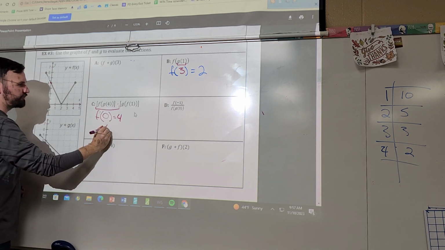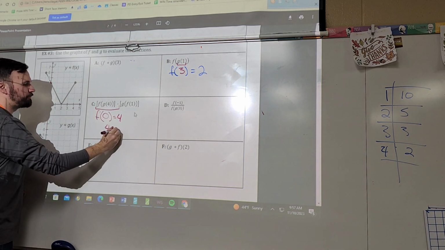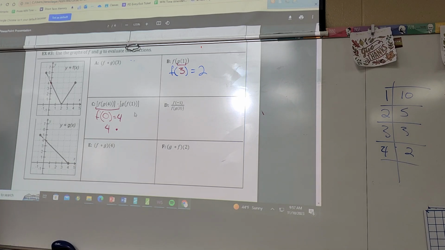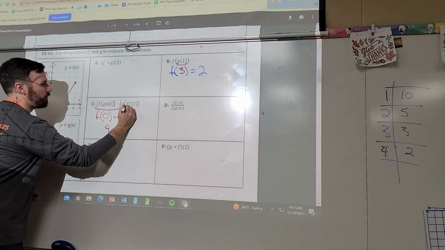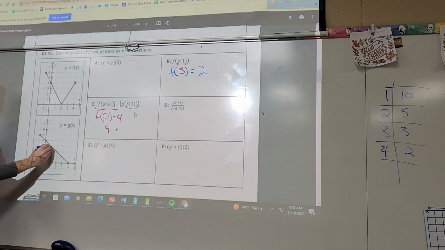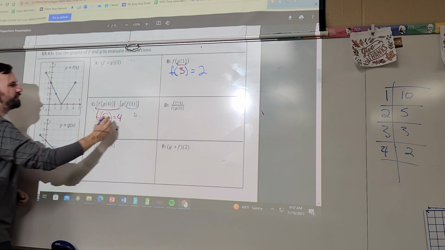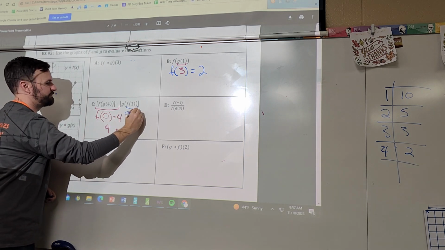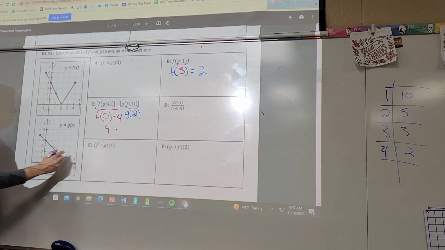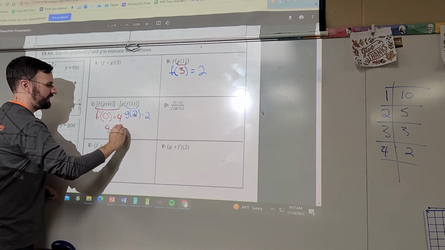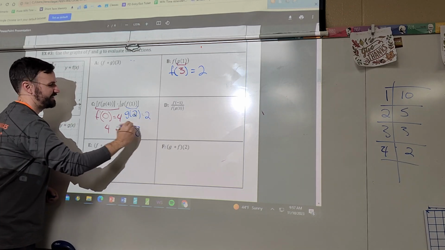So this piece is just 4, and then I'm going to times it by whatever I get over there. See, it's not bad. It just looks really hard. What's f of 1? 2. What's g of 2? And 4 times 2 is 8.